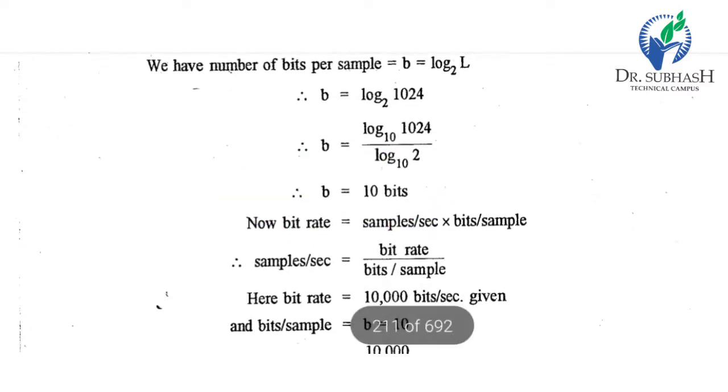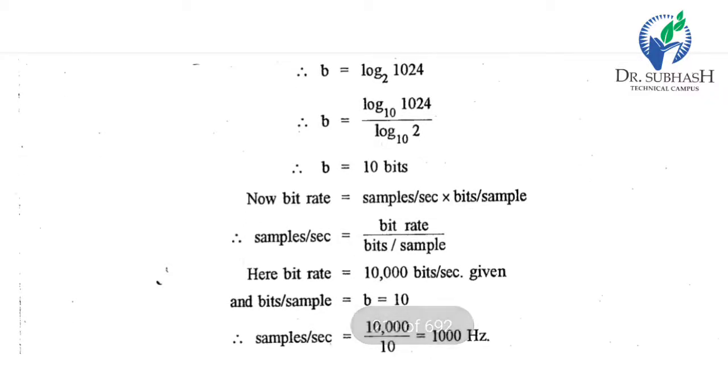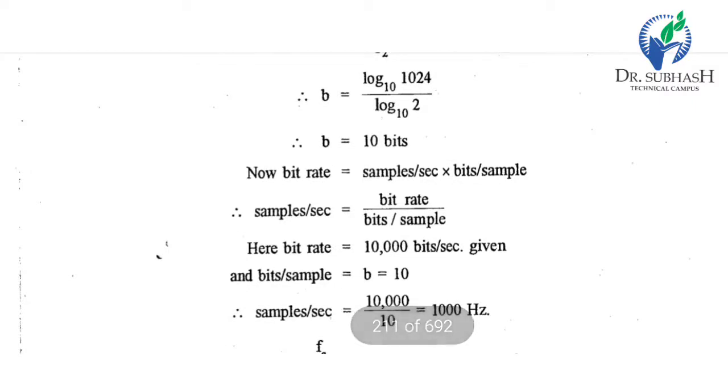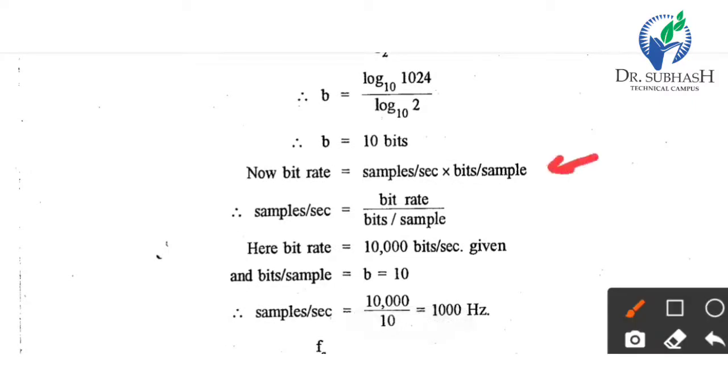Now bit rate equal to, we already saw this equation in the previous example, samples per second multiplied by bits per sample. So samples per second we have to find; we have the bit rate and bits per sample.